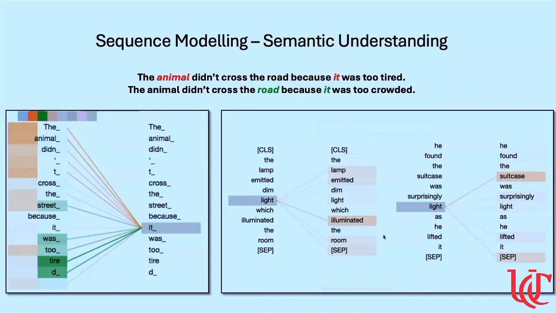Here the word light is associated more with the suitcase and lifted. So the same word has different context or different semantic meaning depending on how you use it. And transformers have been doing a great job at decoding this context and semantics when you train them, when you create your language model as such.